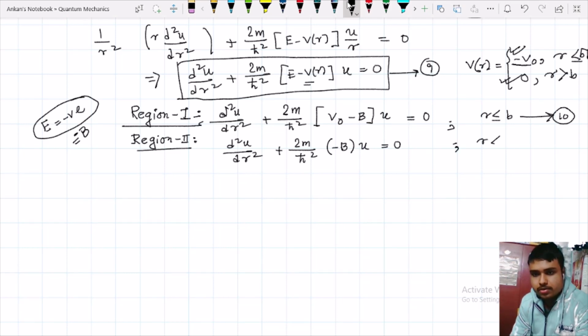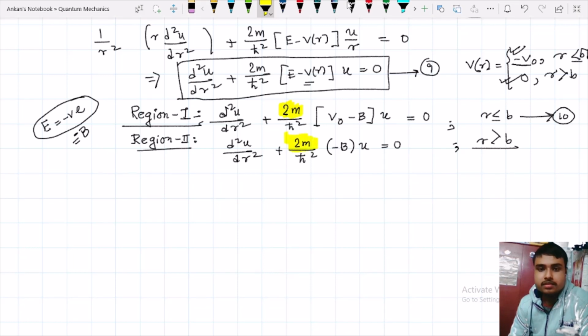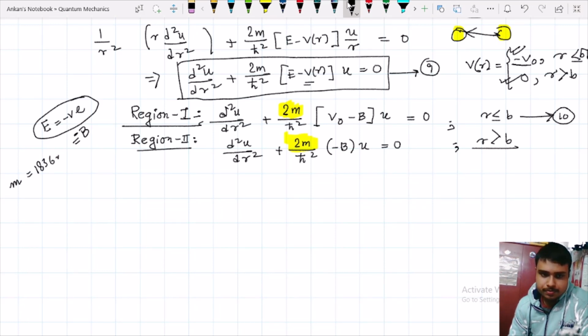Now I have forgotten to take into account a very important concept. What is this? This is the mass of a single particle, but we are dealing with a two particle system which must be reduced to a one body system. So we have to take the reduced mass of these two particles, proton and neutron. Since we know that the proton has a mass 1836 times that of the electron and the neutron has a mass 1839 times that of the electron, these two masses can be taken to be nearly comparable.